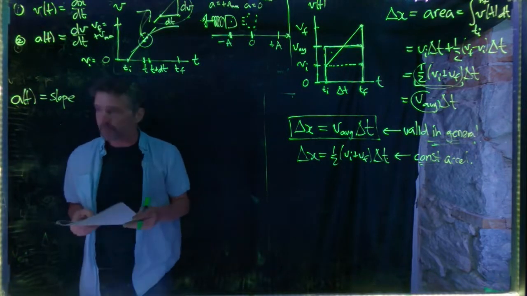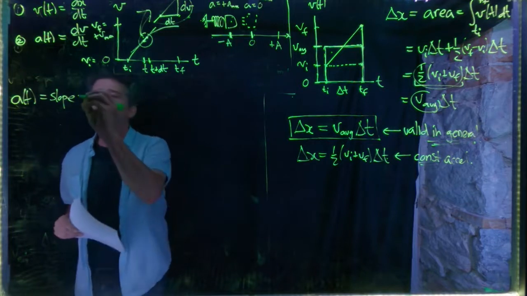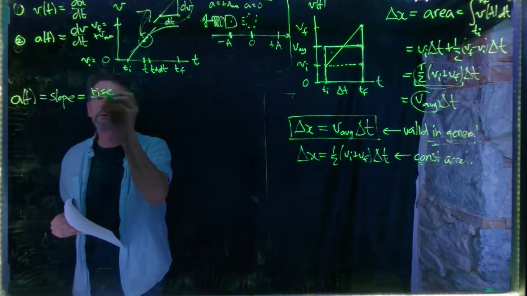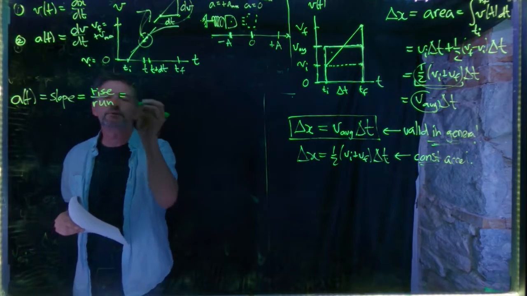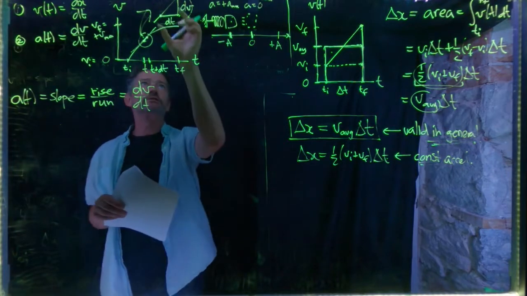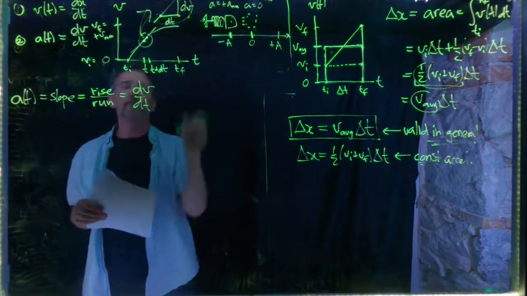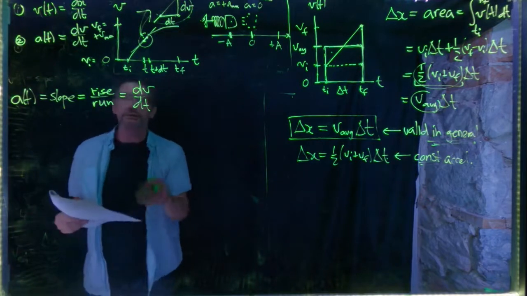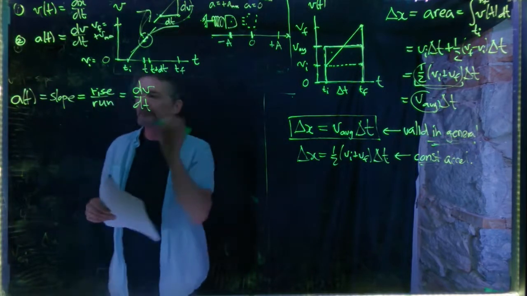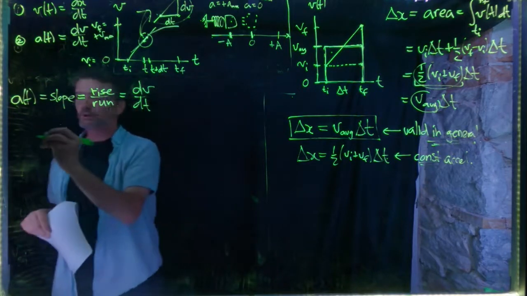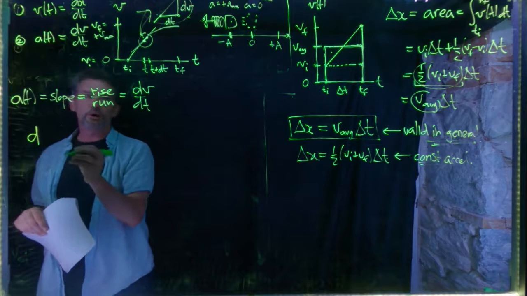Okay, so great. And so a of t is equal to the slope, which is the rise over the run. Exactly the same analysis as before, it is equal to dv divided by dt. The slope of that line is this divided by that. Right? Very good. And so then what we do is we take this equation, a is equal to dv/dt, and we multiply both sides through by dt.